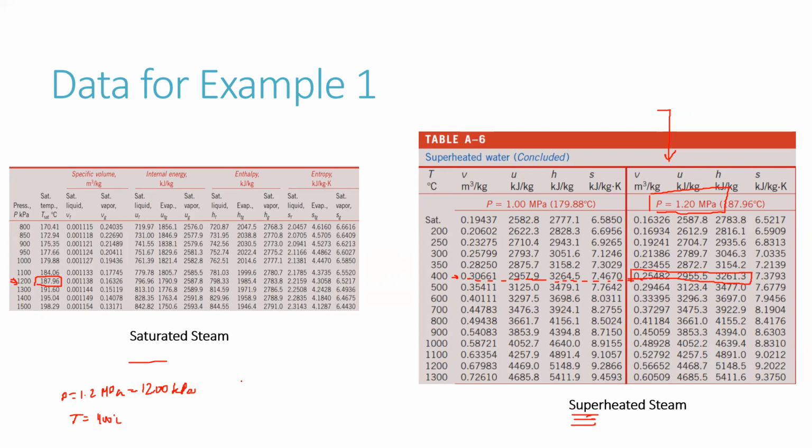We are more interested in internal energy and enthalpy right now. So internal energy is 2955.5 kilojoule per kg, and enthalpy is 3261.3 kilojoule per kg. All right, this information is given to us.